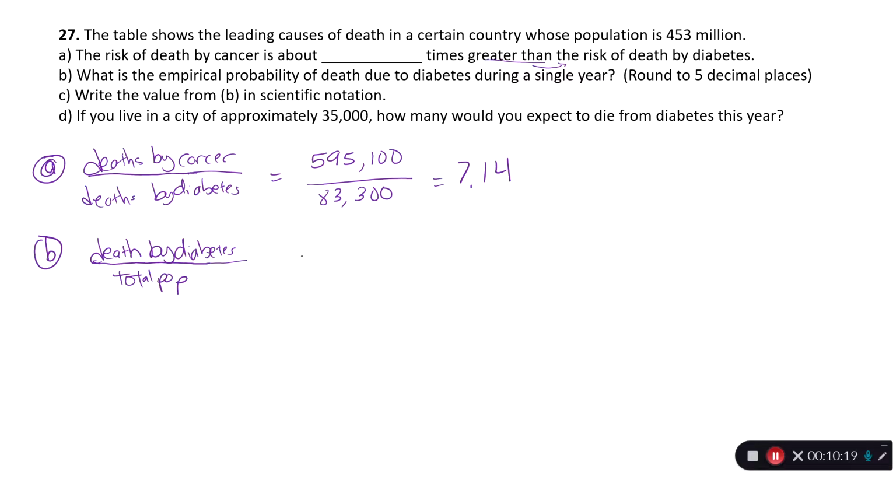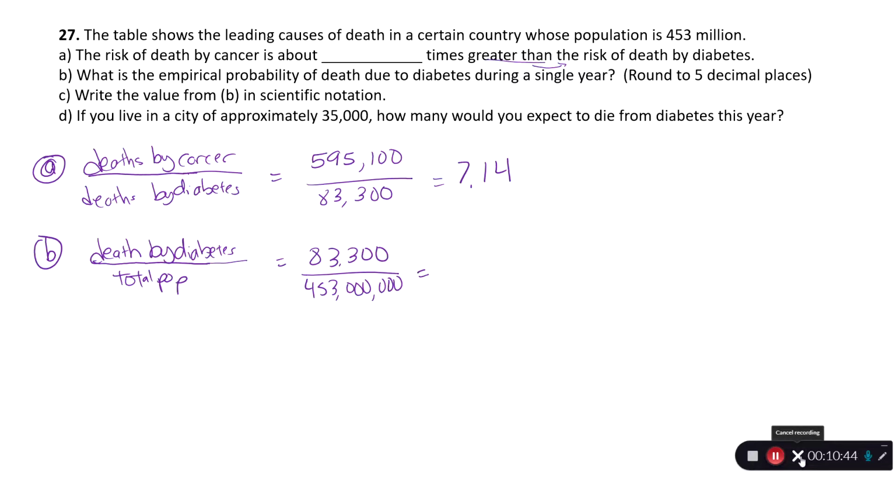Number of deaths by diabetes in this chart, I'm looking in the wrong chart, is 83,300. Good, what we had last time. Divided by the total population here, which is 453 million. And here it doesn't say the population in millions, so I can't just take 453. I need the whole number.